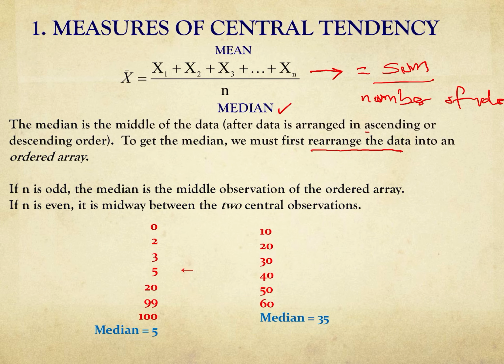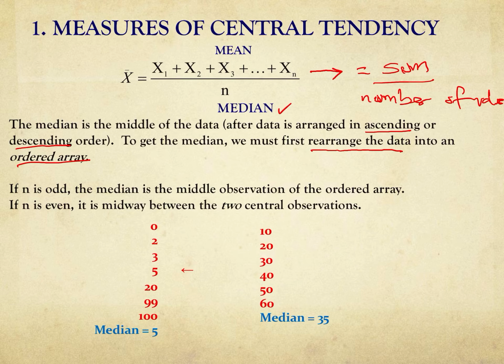The most important thing is it should be in an ordered array. After doing that, the next thing is to identify the midpoint. So the median represents the midpoint of the data set. The other thing your median does is it divides the data set in half, so you have two equal parts.